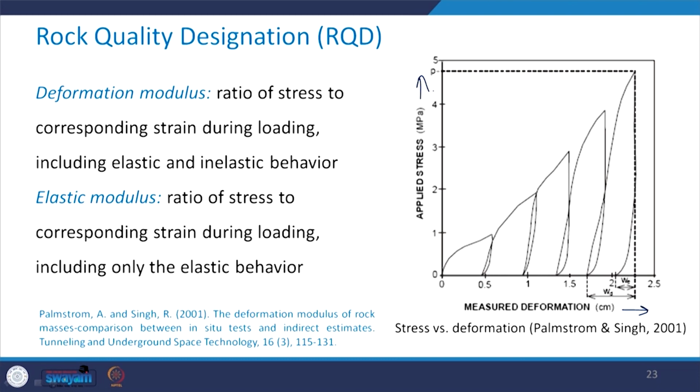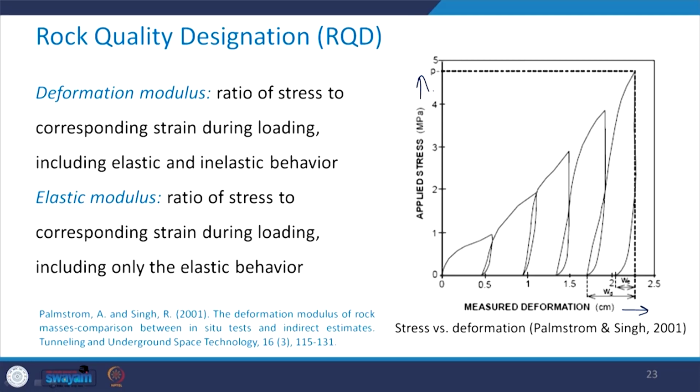Deformation modulus is the ratio of stress to the corresponding strain during loading, including elastic as well as inelastic behavior. However, in case of the elastic modulus, you do not consider inelastic behavior. You consider only the elastic behavior.